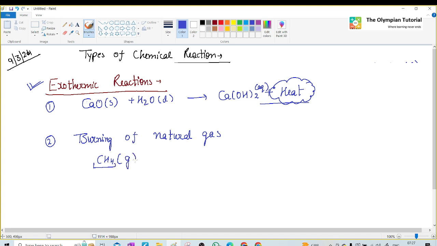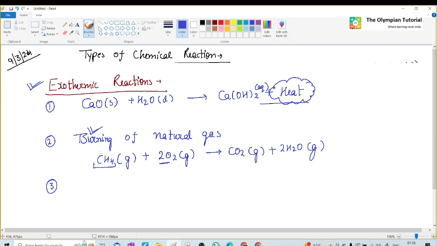It is in gaseous form when it reacts with oxygen. If we are using the word burning, it means the reaction is taking place with oxygen. It will give carbon dioxide plus water, and water in steam, gaseous form. Once you have written the equation, check whether it is balanced.